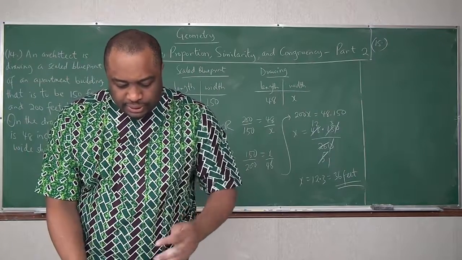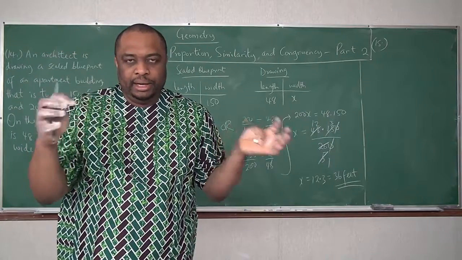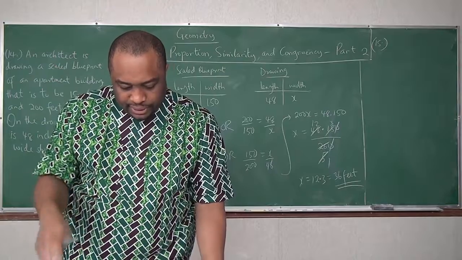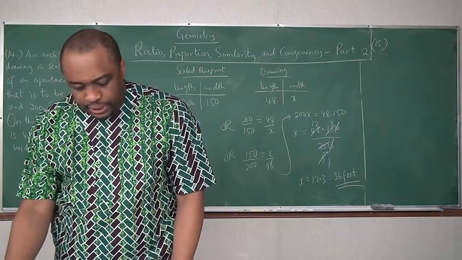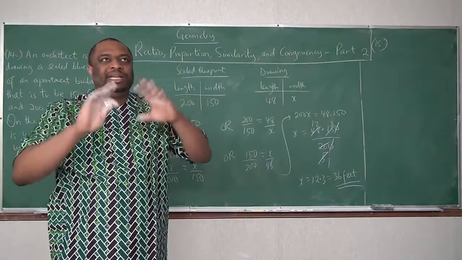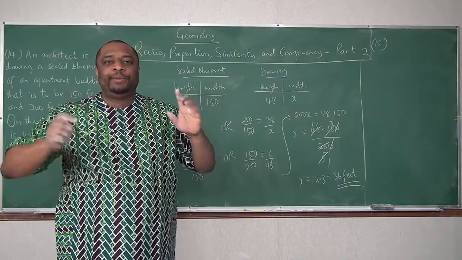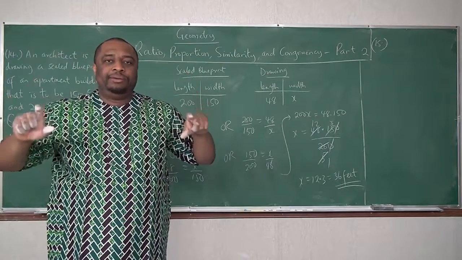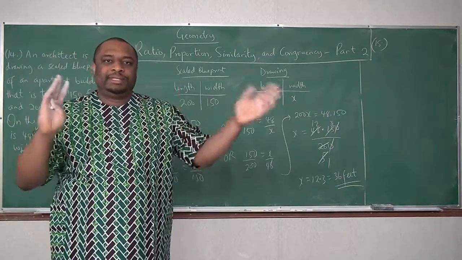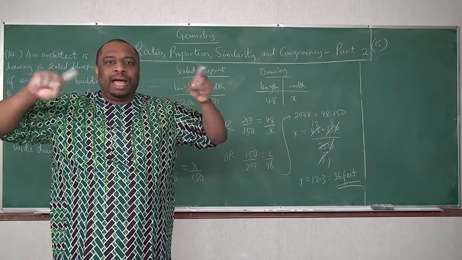Some of these questions need another theorem. I hope you know that from when you did this in triangles. If you have an isosceles triangle, it has two equal sides and also two equal angles.